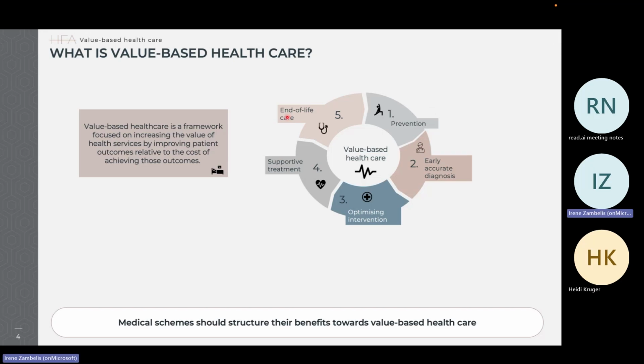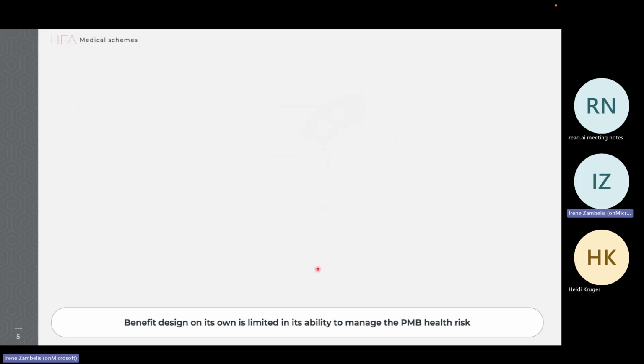That is something one needs to focus on, to make sure that people achieve the best health outcomes in the most cost-effective manner. And that does not mean, Heidi, denying people care. There's a difference to that.